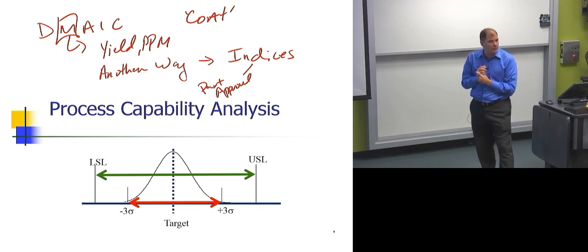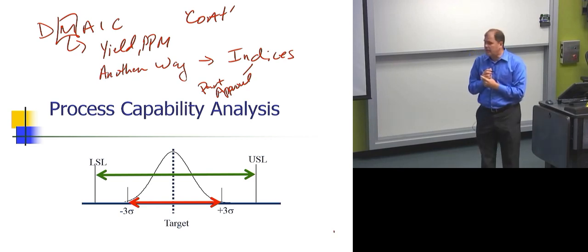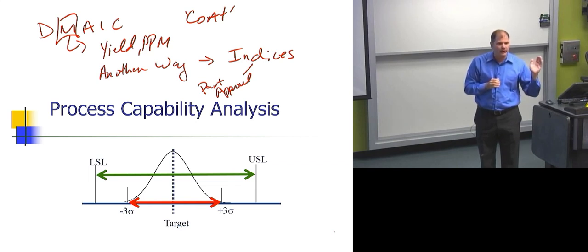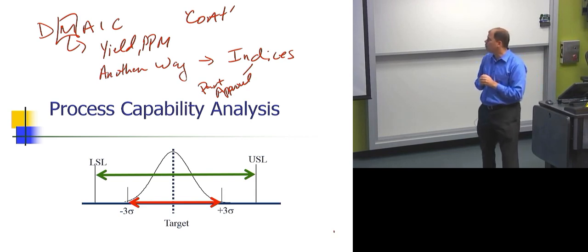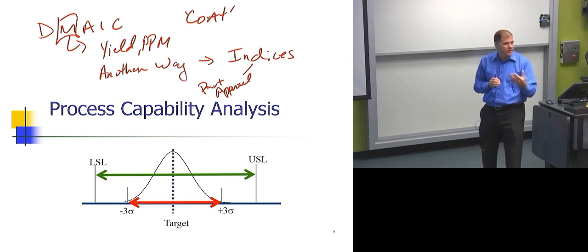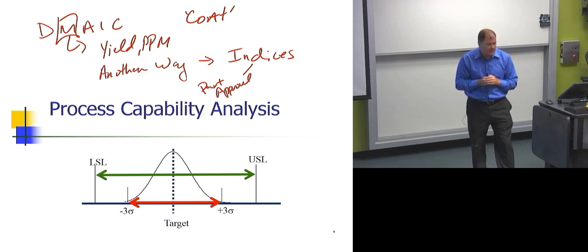And what that approval process requires is it requires people to meet some quality threshold. Instead of saying, I want you to be at 99.997% quality, they give you an index number. This index number is going to be equivalent to some quality performance, but it's another way people use that.